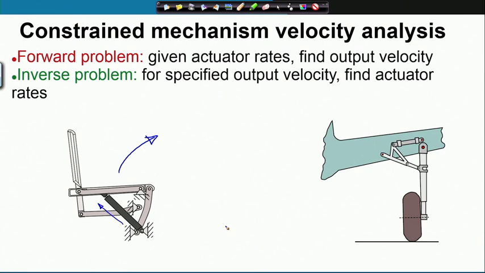Or in the case of the landing gear, we may have to find out what should be the actuator expansion rate, so that I can fold the wheel at a certain desired rate.